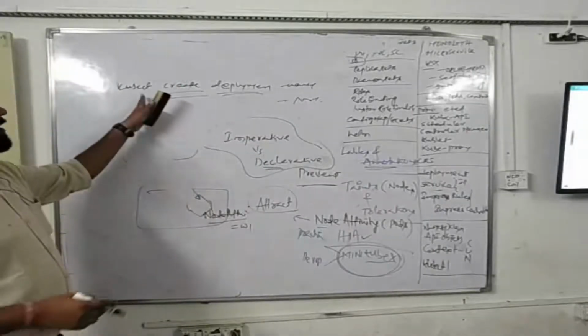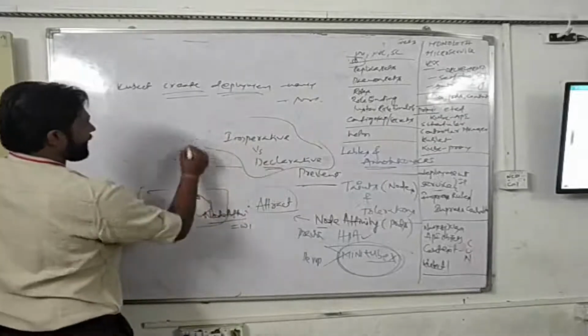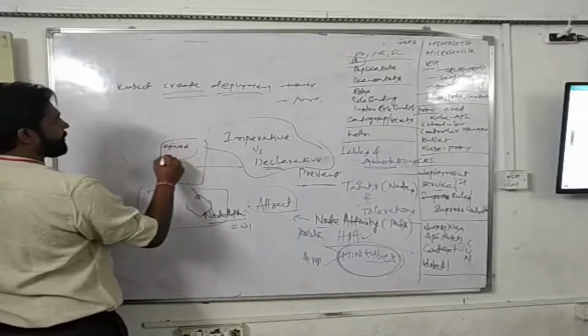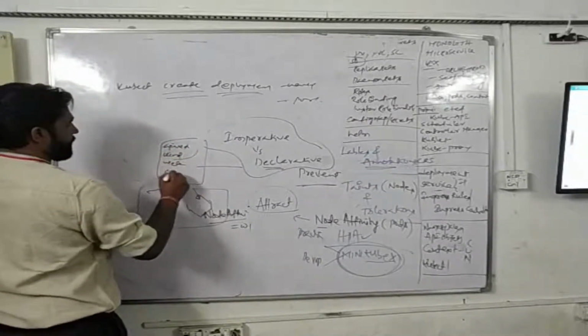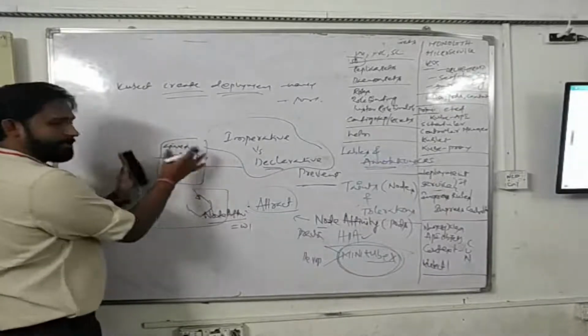All right, if you are running a command. Now, as opposed to the imperative way, if you have a declarative way, you have the same thing, four things: API version, kind, metadata, spec. Perfect. So here under kind you will have deployment. Basically you have a YAML file.